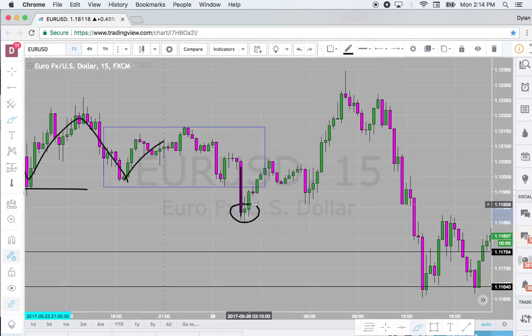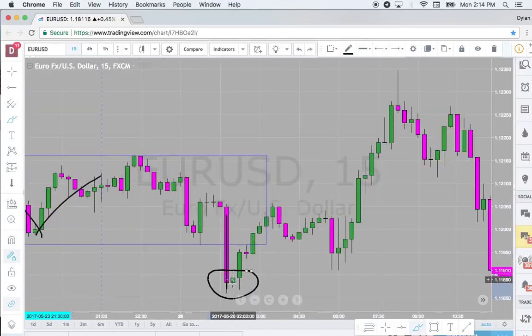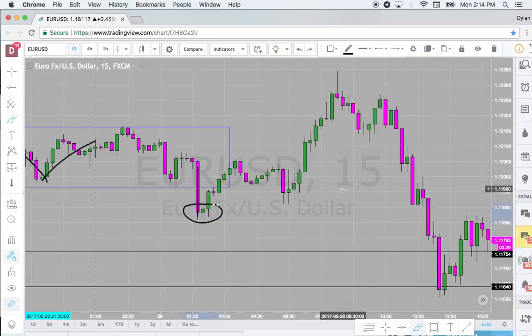This is a confirming entry, the stop hunt to the low, breakout of the consolidation of Asian session, and then the star formation that we have here. That little candlestick here, I don't know if they call it a morning or evening star, but I just call it a star formation.